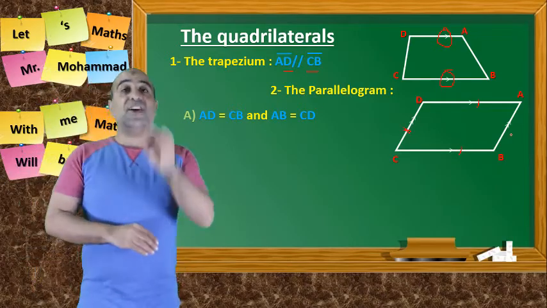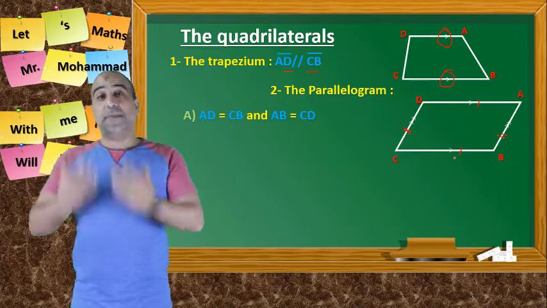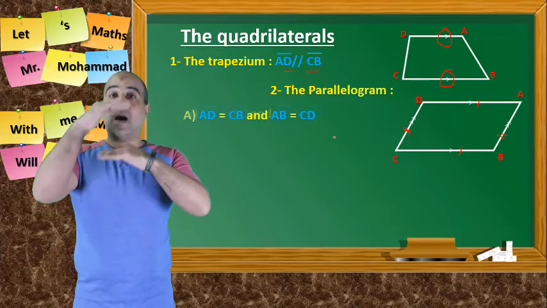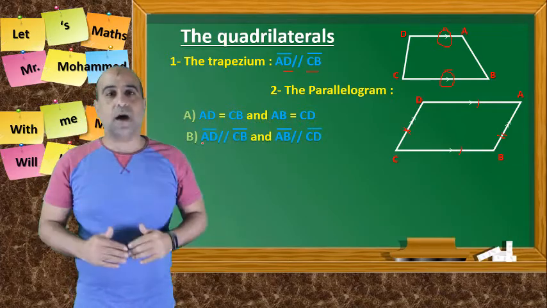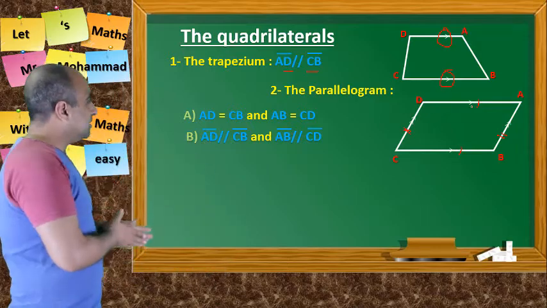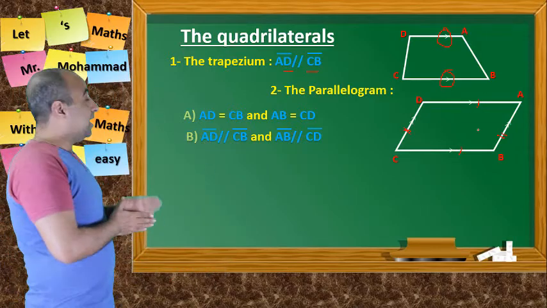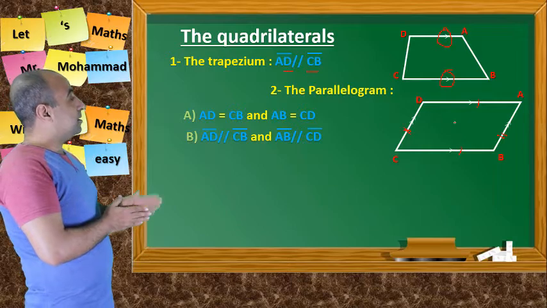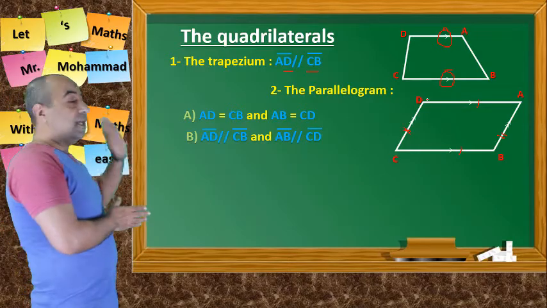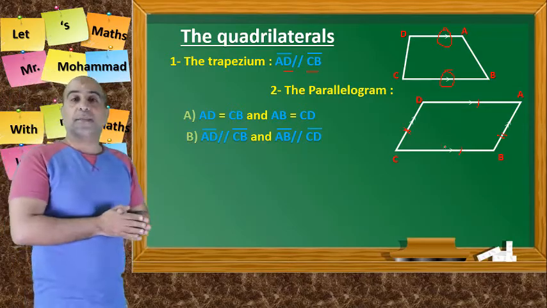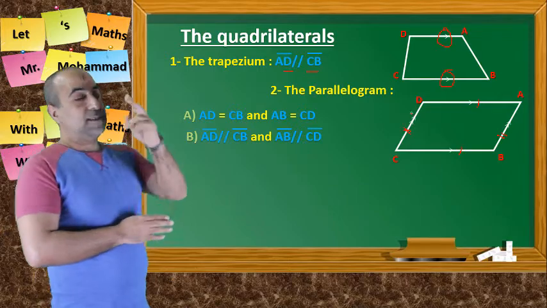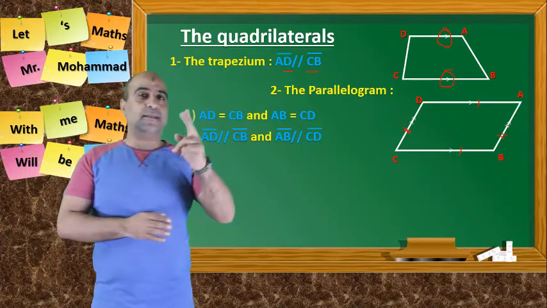Second property: each 2 opposite sides are parallel. The line segment AD is parallel to the line segment CB, and the line segment AB is parallel to the line segment CD. And that is the second property.